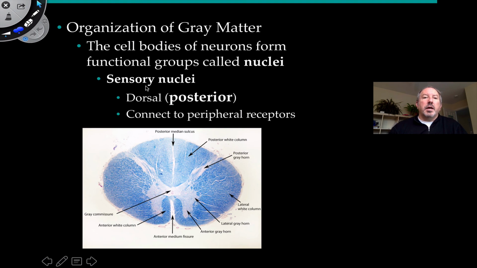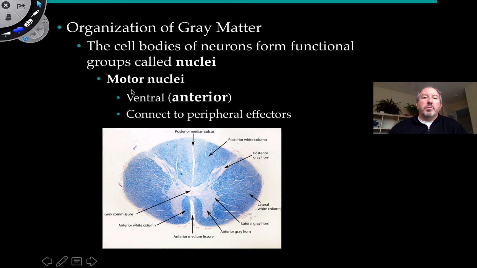Okay, and again, I mentioned this before, but I'll touch on it again: the reason it's gray is that it contains the cell bodies of the neurons, and they form groups called nuclei, and they form in the posterior horn, dorsal. They're known as the sensory nuclei. The dorsal is posterior, and that connects to the peripheral receptors of the nervous system, which are receiving information, the afferent area.